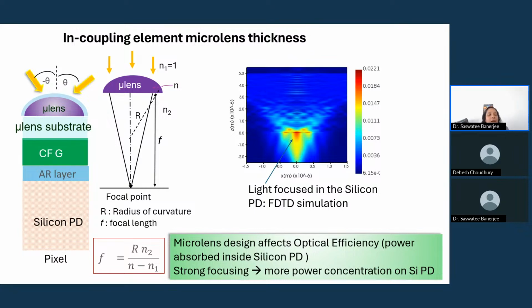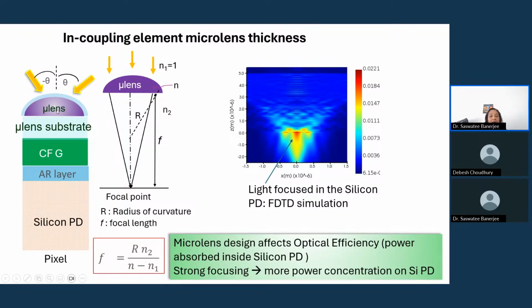On the left-hand side is a very basic cross section of this pixel. You can see the silicon photodiode at the center, and you need the AR, which is anti-reflection. As I was telling you, silicon has a high refractive index, so we need to care about light loss from the interfaces. So you care about an anti-reflection layer, and then you have the color filter layer on top.